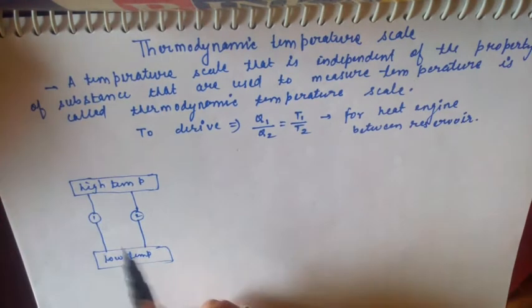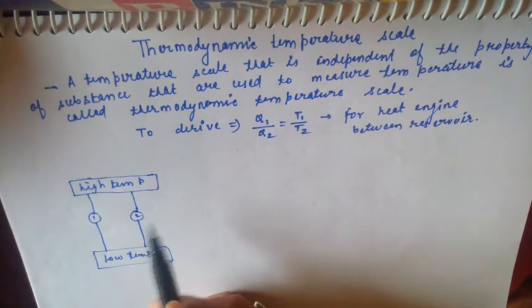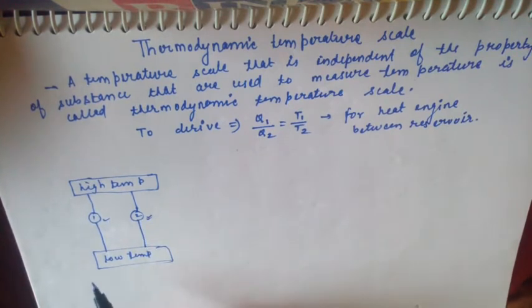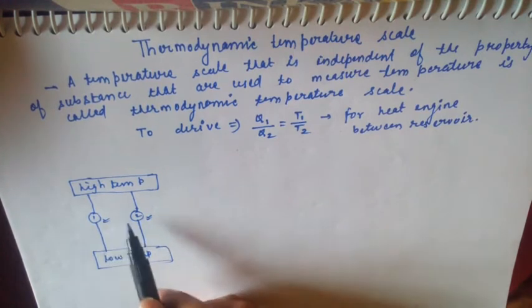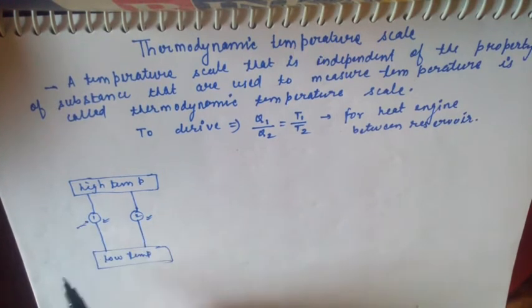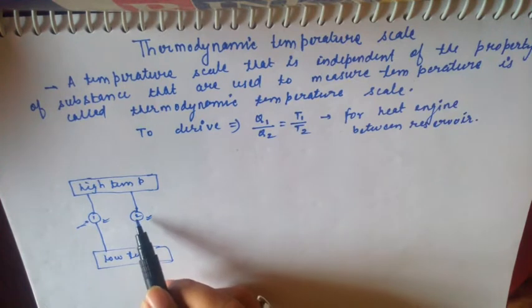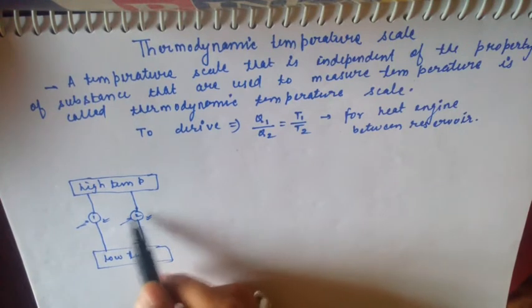Now since these are Carnot cycles, by the Carnot principle we know that the efficiency of these two engines will be the same. So we can say that the efficiency of these two Carnot cycles is independent of the fluid working inside the heat engine, and independent of the cycle, that is, how the cycle is performed to carry out all the functions.